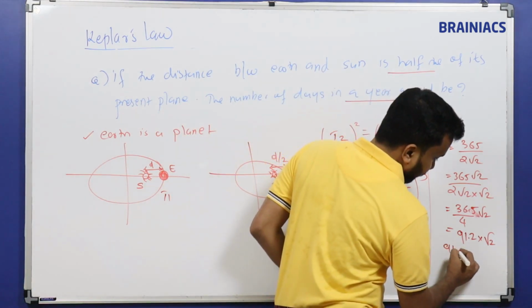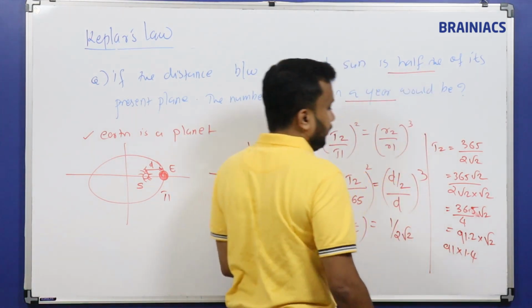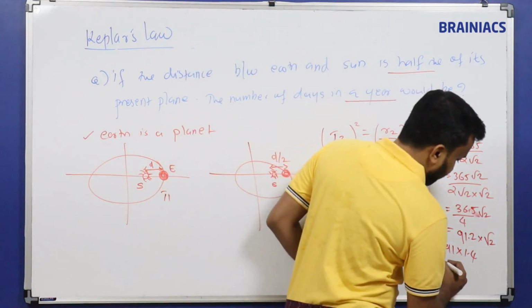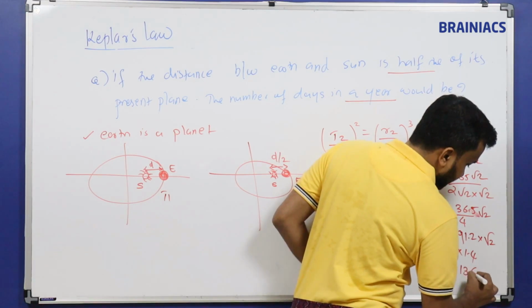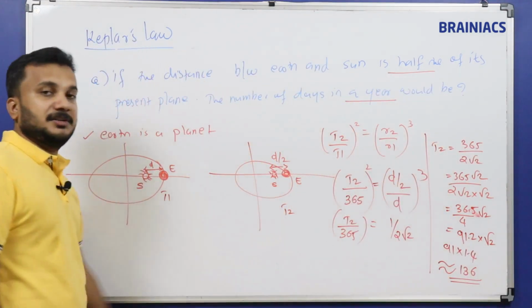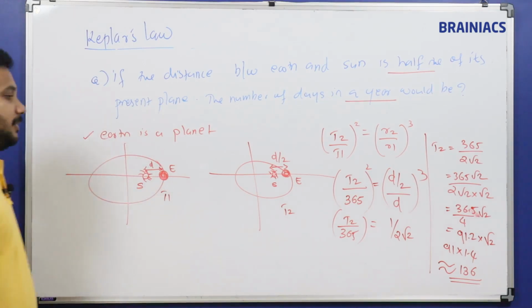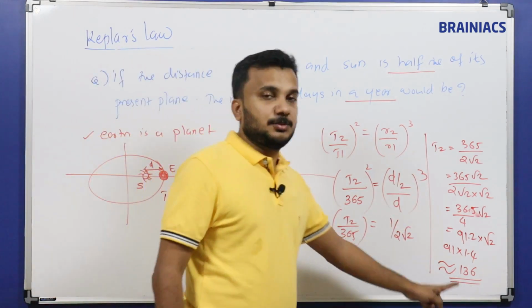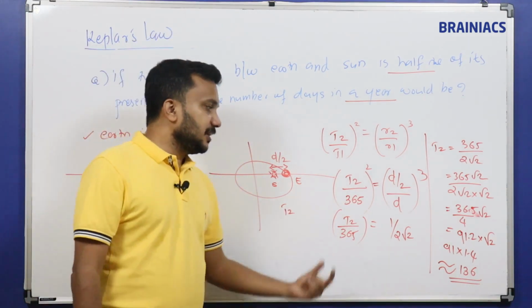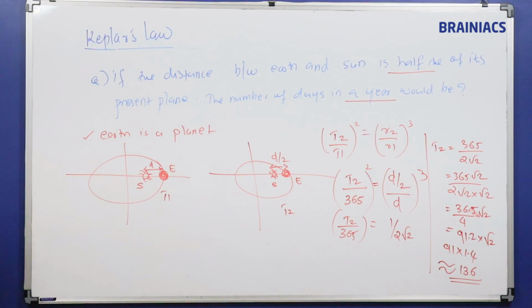So 91 into 1.4, 91 into 1 or 91.4, almost half. So approximately 136 days. You can solve it on the side of your notebook, but approximately it's 136 point something that will come. But 136 days will be there in a year. So 365 days become now 136 days.